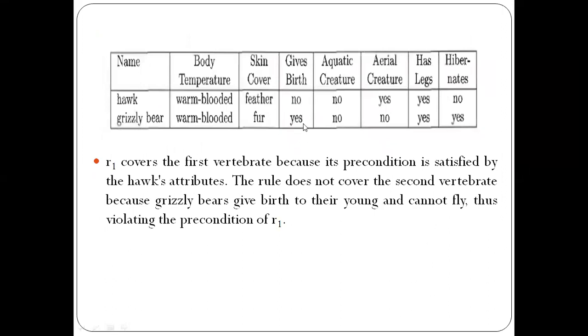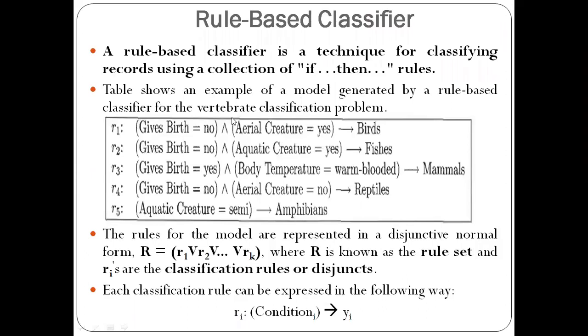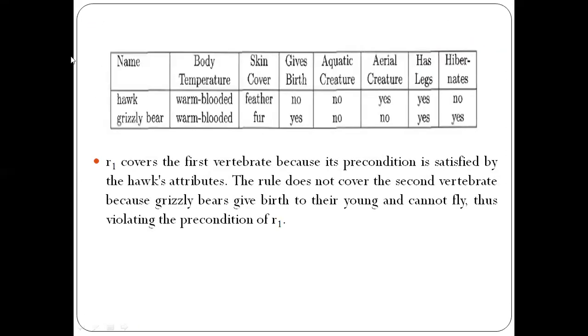So rule R1 is not triggered by the second vertebrate, but it is triggered by the first vertebrate, because its precondition, gives birth is equal to no and aerial creature is equal to yes, is satisfied by the first vertebrate.